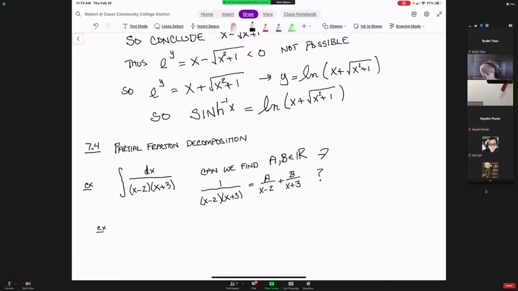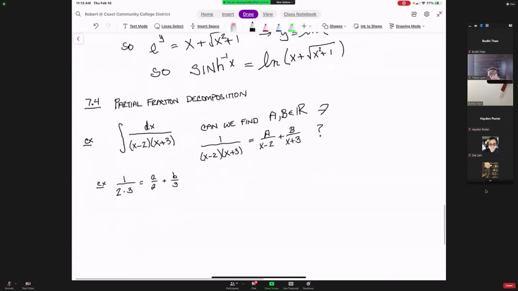And let's suppose that I had 1/6, which is 2 times 3. And I want to write this as a over 2 plus b over 3. Well, the way you would find this is you would cross multiply and get 1 equaling 3a plus 2b. So I think you just let a equal 1, b be negative 1, and we've got it.